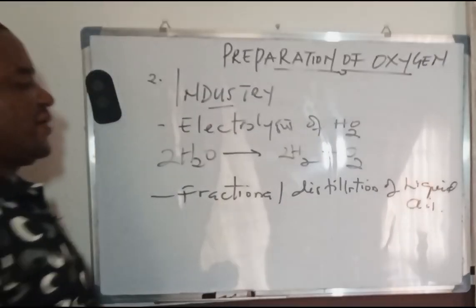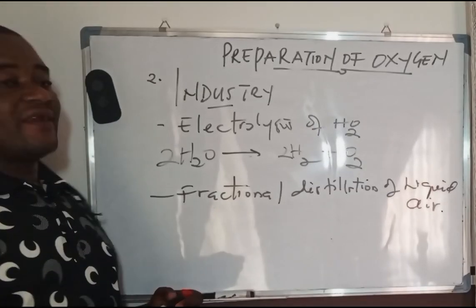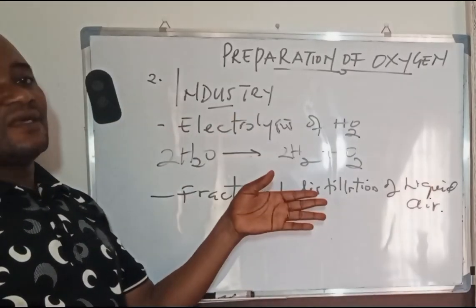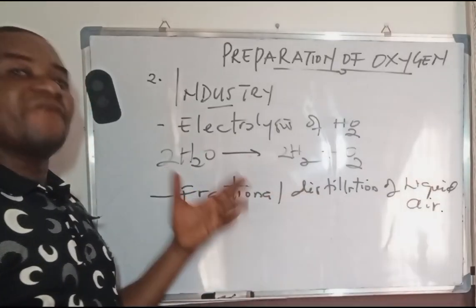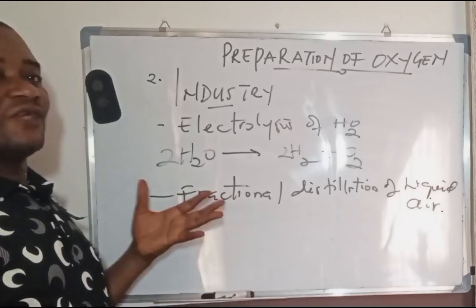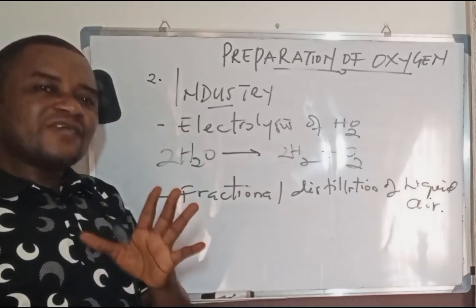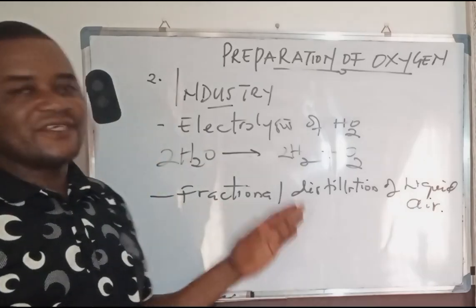So always remember that if you are preparing oxygen in the industries, either by electrolysis of water or by fractional distillation of liquid air, or even by liquefaction of air. By liquefaction of air, you can also produce oxygen. But the major procedure is the fractional distillation of liquid air.